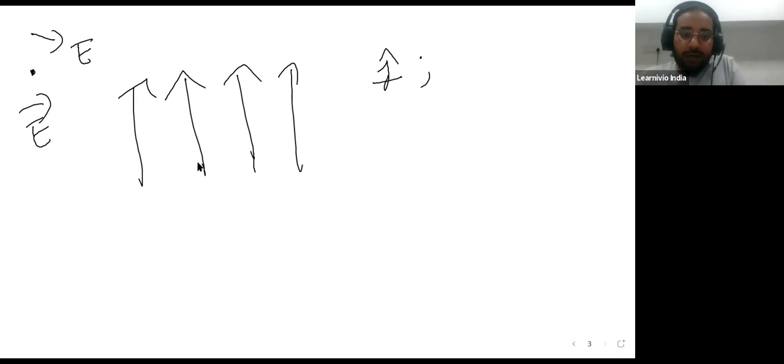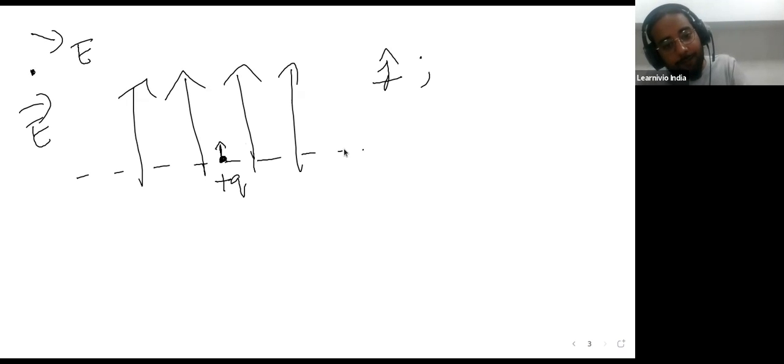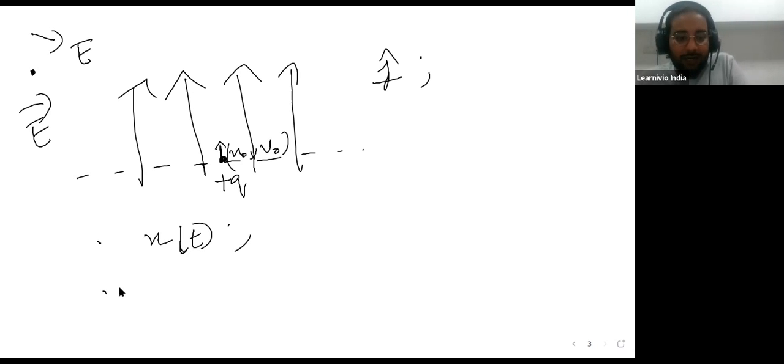Now you have a charge, let's say some plus q charge, kept here, moving with some initial velocity. So let's say it starts at some point x naught with some initial velocity v naught. Calculate what x is as a function of t, and calculate what v is as a function of t.